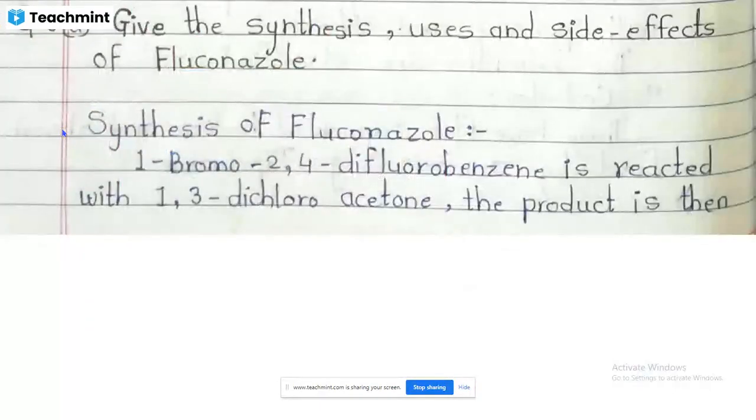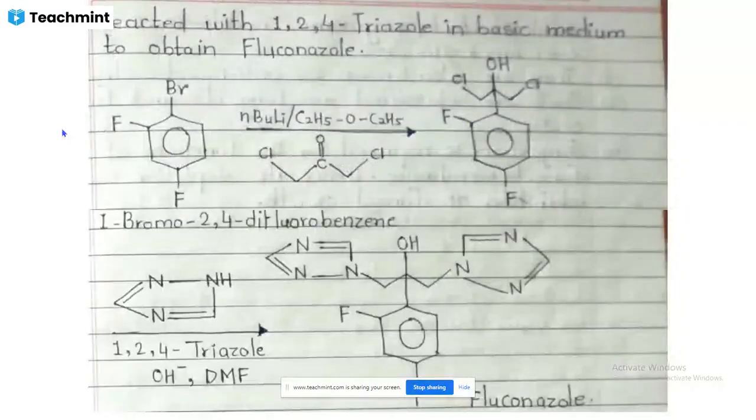So the question in our notes is: give the synthesis, uses and side effects of fluconazole. Synthesis of fluconazole is from 1-bromo 2,4 difluorobenzene reacted with 1,3-dichloroacetone, and the reaction is given here.